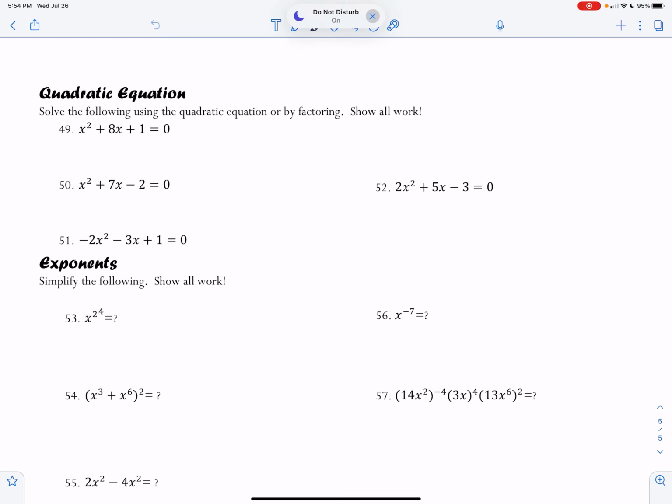Hello, in this video tutorial, we're going to be looking at the application of the quadratic formula. The quadratic formula allows you to solve any quadratic equation without needing to know how to factor it.